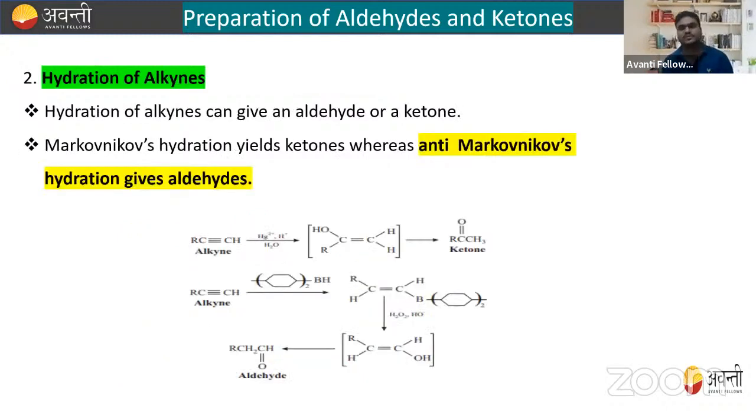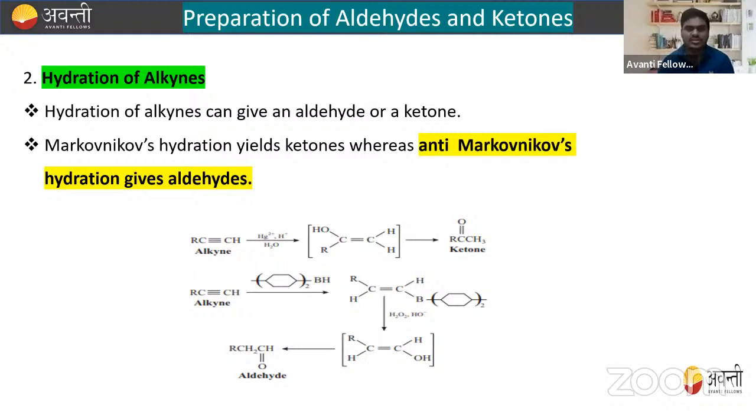Good. Now, the next method for preparation is hydration of alkynes. This is another important method, by which we can also prepare aldehyde and ketone. Hydration of alkynes can give an aldehyde or ketone.